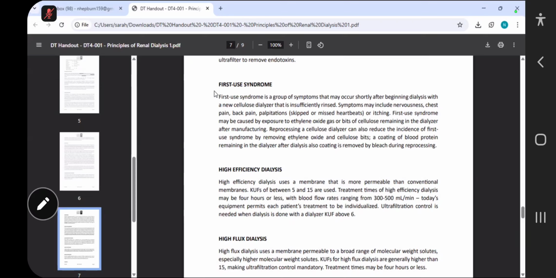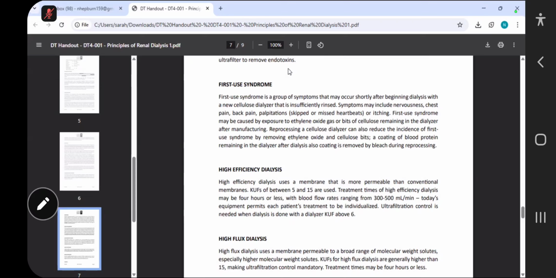It is on the screen, on page 6 of the handout. So can someone tell me what first use syndrome is and what causes it? Miss, I'm reading from the screen.